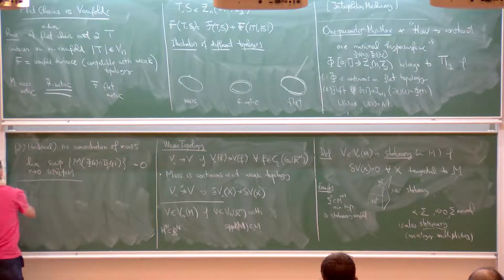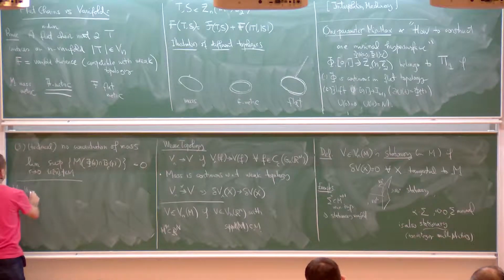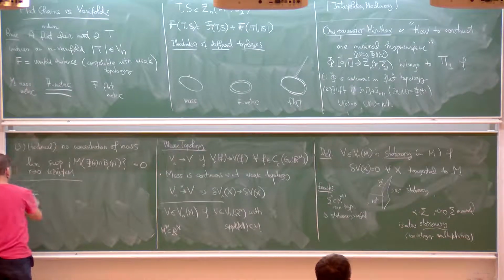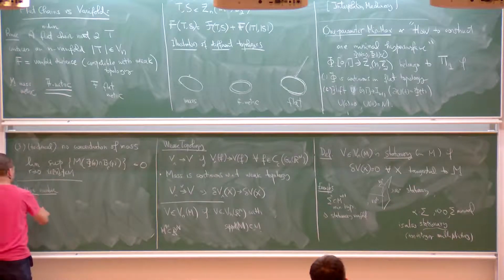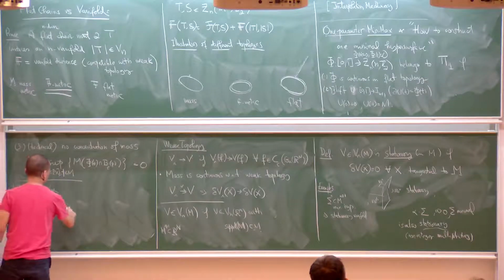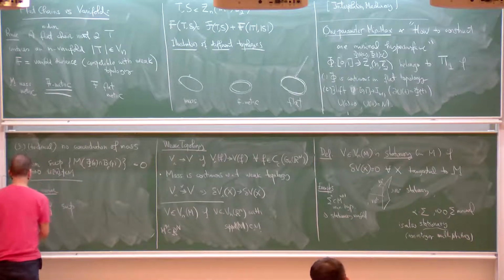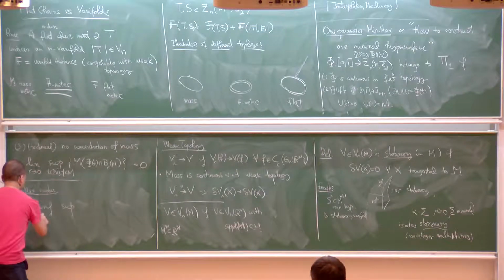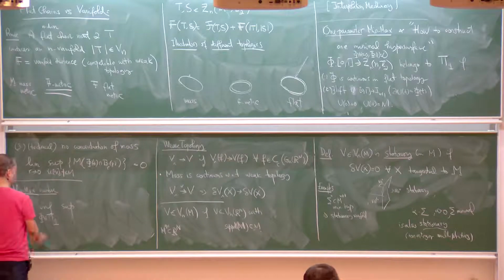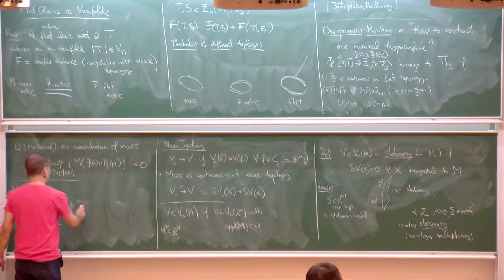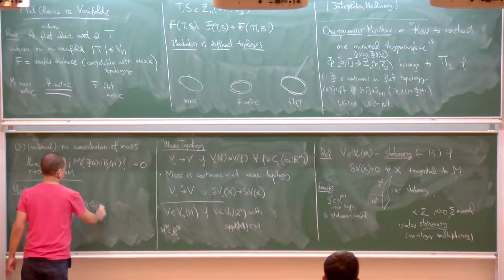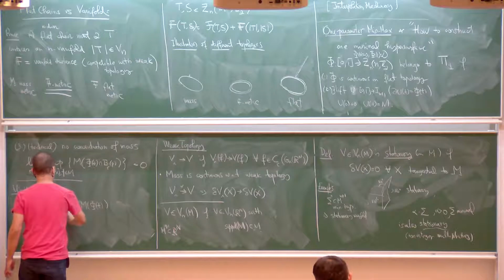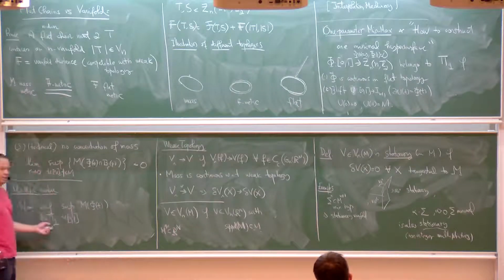So then you do your minimax. The minimax number W: for every map phi in this class, pi1, the homotopy class, I maximize the mass, and then I minimize this over all maps.